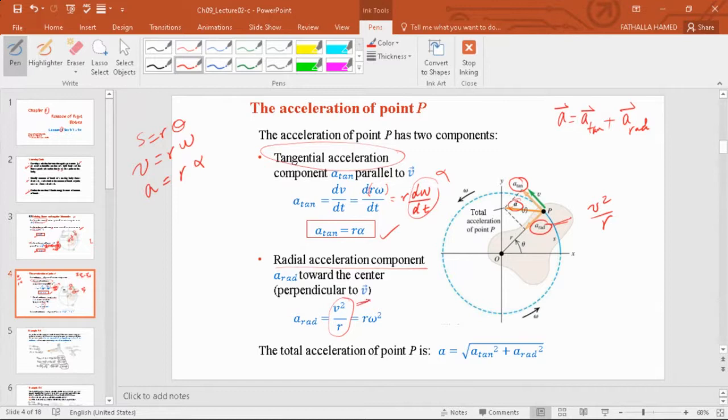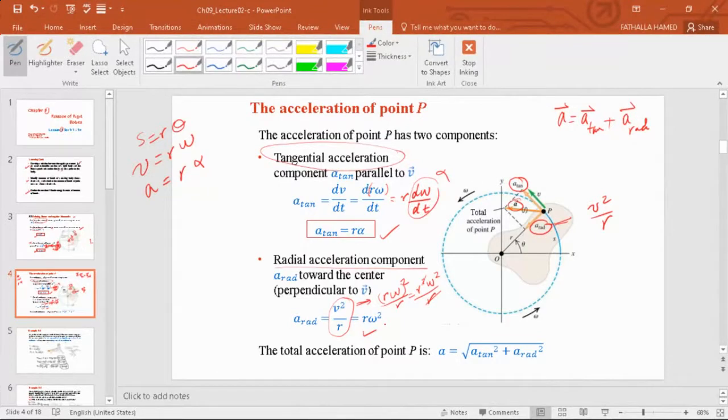But you know that your v is equal to r omega, so it's r omega squared, and of course you have r here. So that will give you r squared omega squared over r. So you can cancel this with that, and this is what you have, r omega squared.